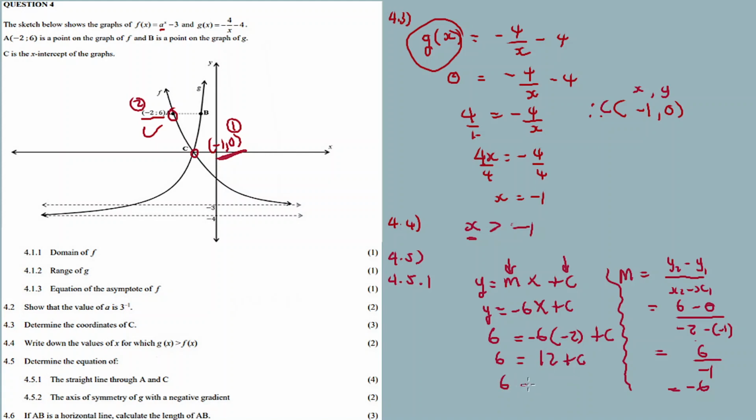Transpose the 12: negative 6 is equal to c. Therefore y is equal to negative 6x minus 6. This is the equation for the straight line.